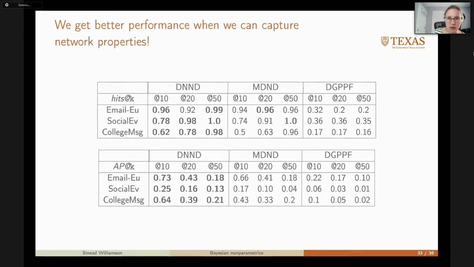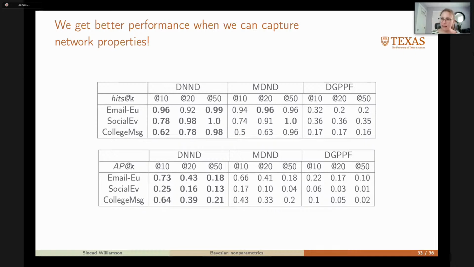And it turns out that thinking about what behaviors we have in real networks and modifying our models to capture those behaviors means we get better performance. So here I have some numbers to back that up. Basically, this is a subset of a series of experiments that we did to look at how good various graph models were at predicting new edges in the network.